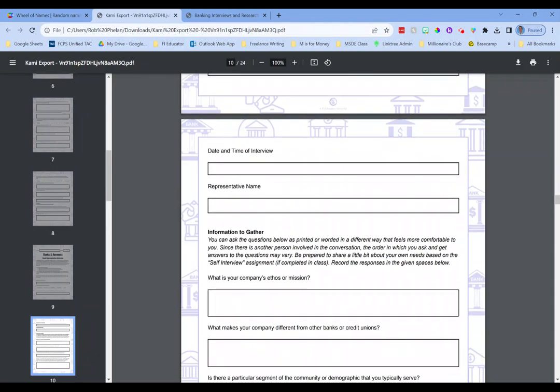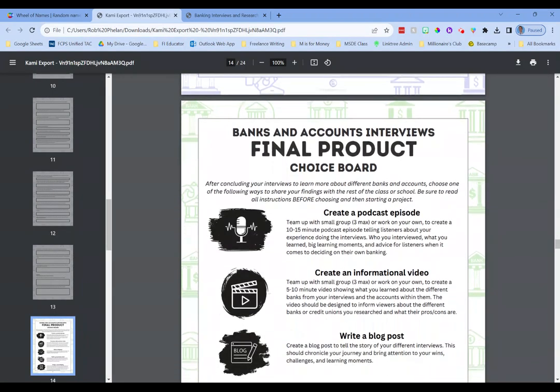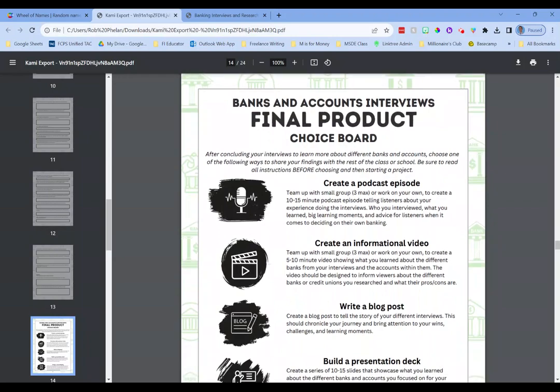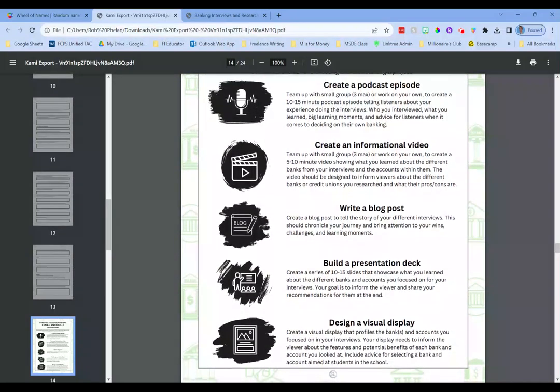And then there is a final product as well. This is totally optional whether you want to do this as a test group. If you do, I would really love to hear how it goes. I have a final product choice board with 5 options that the students can pick from. They get to choose whichever way they want to showcase what they learned through the interviews and share the steps they've learned for evaluating banks and accounts with other students, the community, or even just their families.